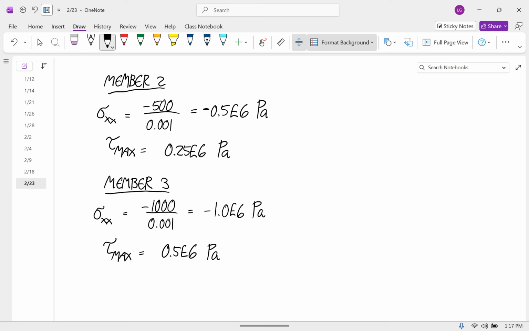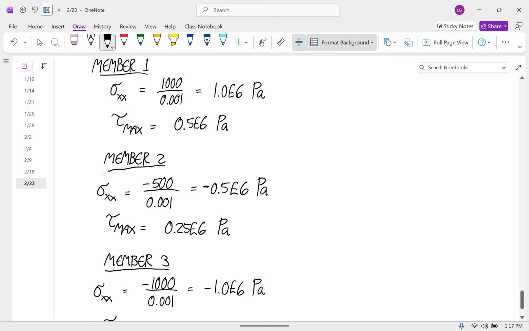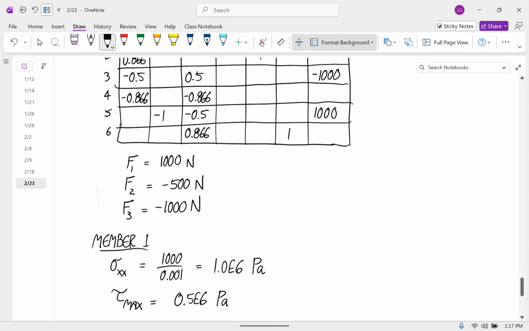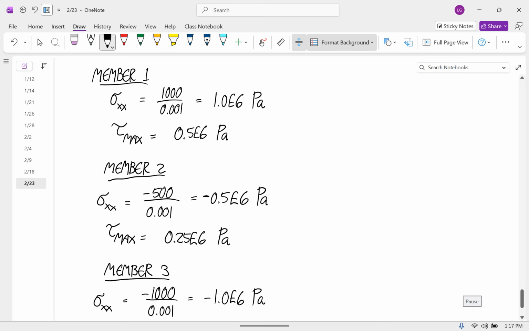So if you built this structure and you wanted to know what member you were concerned about breaking, it would actually be member 2 that you're most concerned about.